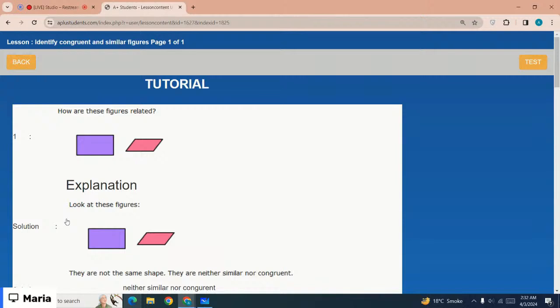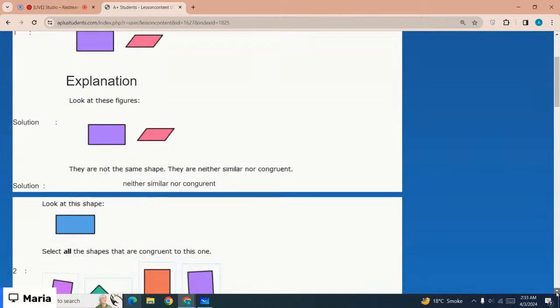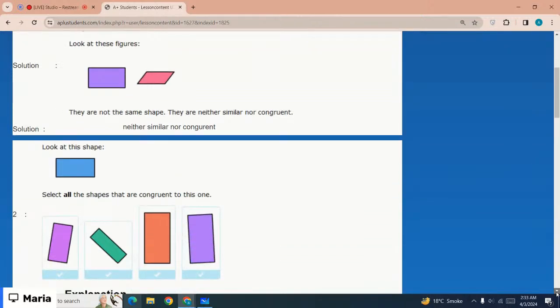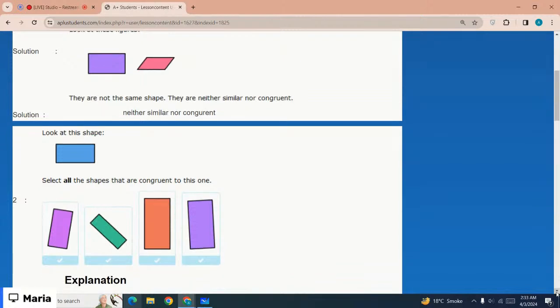Okay, look at this shape. Select all the shapes that are congruent to this one. So which is congruent to the first one?